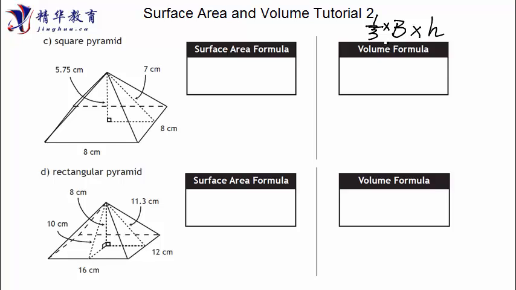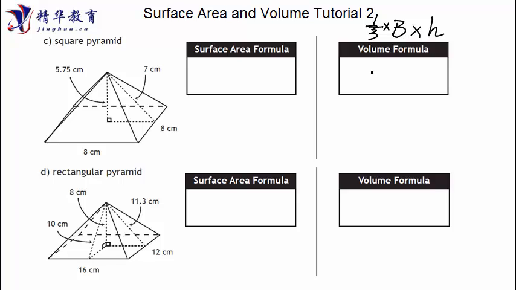For now, if you don't really care about that, just remember 1/3 of the prism's volume equals the volume of the pyramid with the same base area. I'll say it one more time: if the prism and the pyramid have the same base area, the volume of the pyramid equals 1/3 of the volume of the prism.